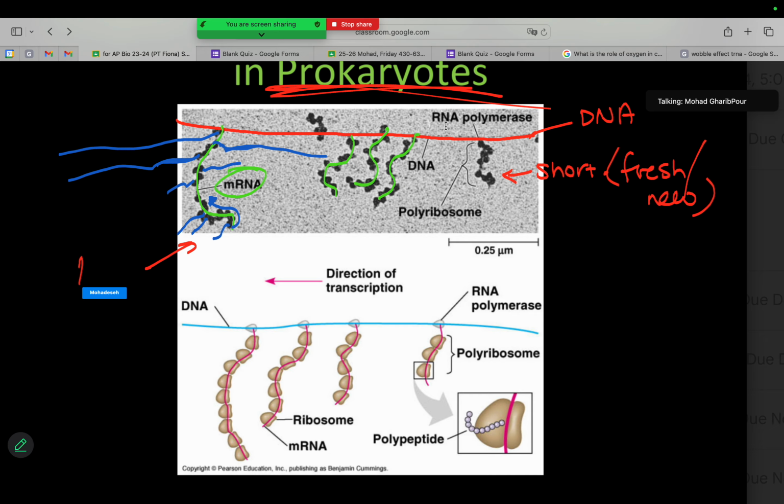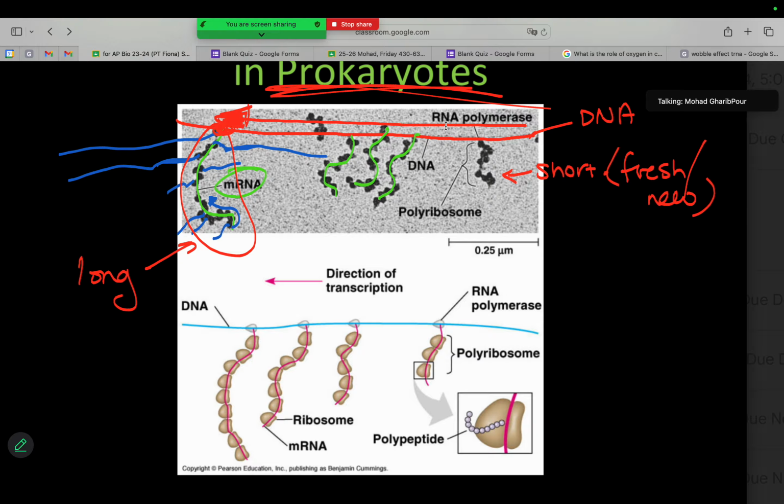This is long. So basically you know that this RNA polymerase is moving in that direction. Because by the time it's down here, it's produced this whole long piece of mRNA.